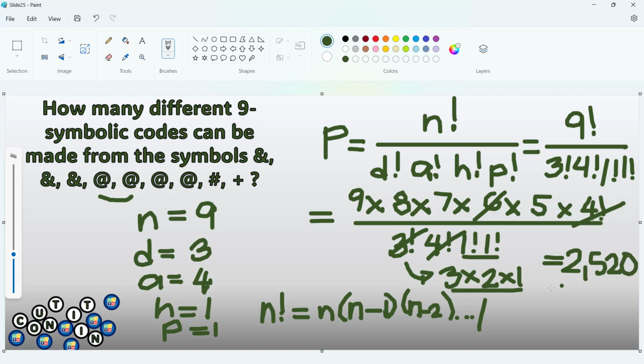This would be the number of different symbolic codes that can be generated using the given symbols here, and this counts the number of distinct permutations that can be formed when we have to consider the objects that are similar. So this is how we answer situations where we have distinct or like objects under permutation.